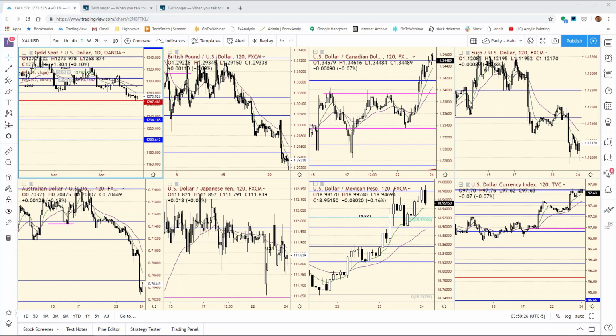So we're going to go with this 44.23 from the daily. Resistance will be 45.03.